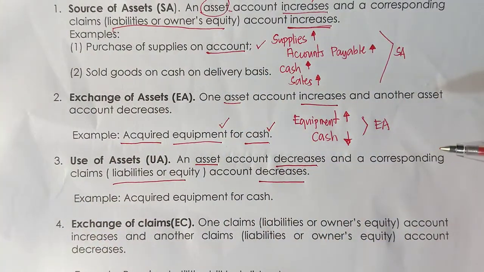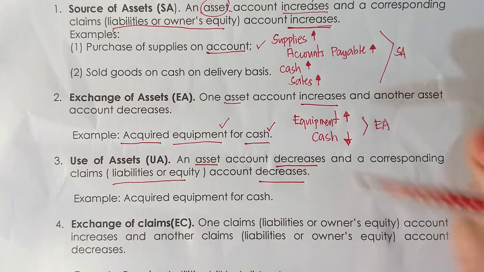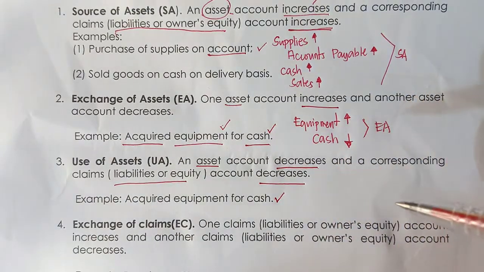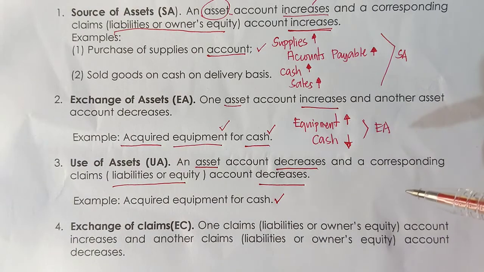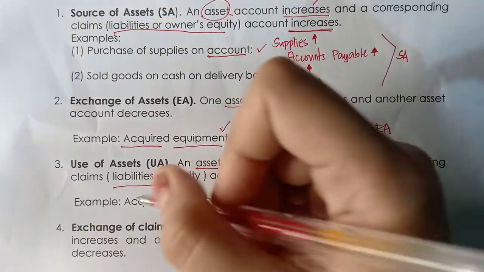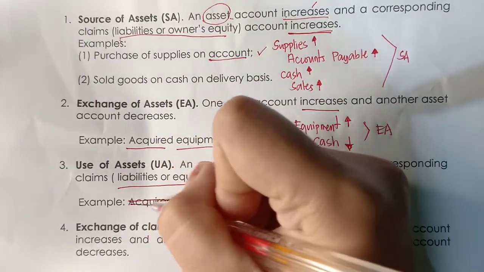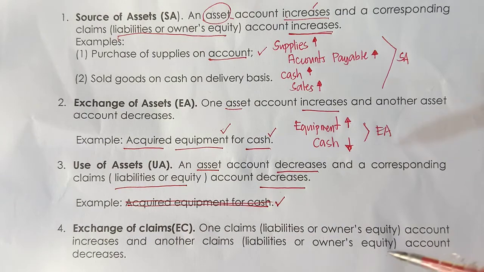So what is a transaction example for the use of assets? So the example of this is acquired equipment for, let's change this one because this is an example for the exchange of assets. So ibahin natin.